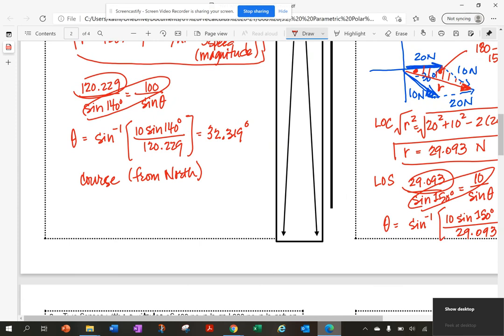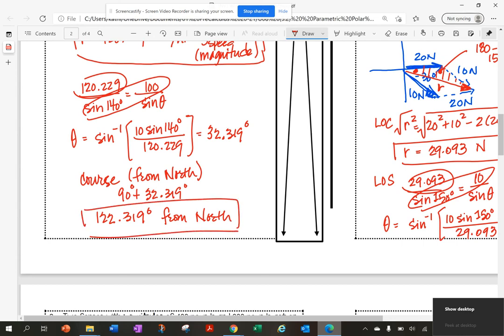So the course is going to be 90 plus 32.319, which is going to be 122.319 degrees from north. So make sure you answer the question. Okay, we're done.